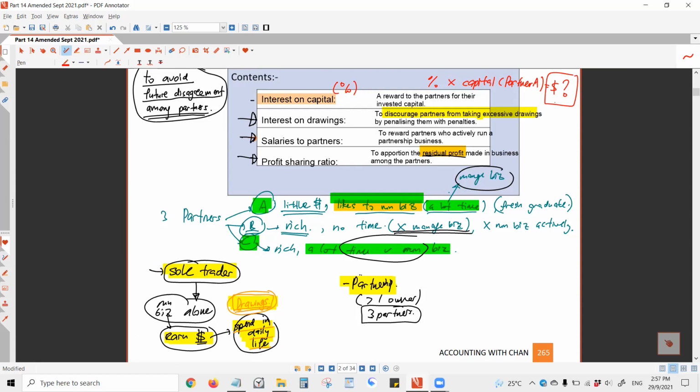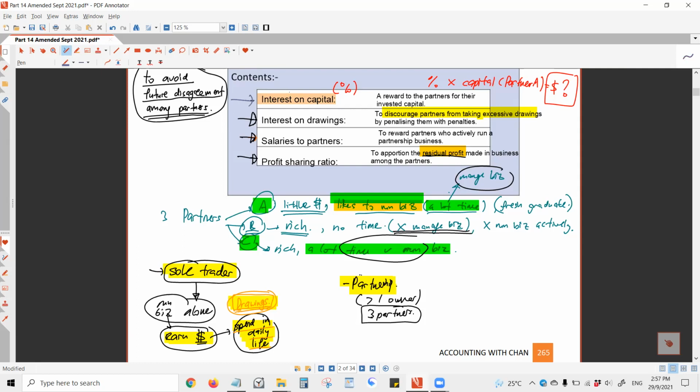So basically, interest on capital is used to pay reward to the partners because they have invested money into the business. Logically, they should get back some rewards. So that's why we need to have this interest on capital, because drawings are discouraged.